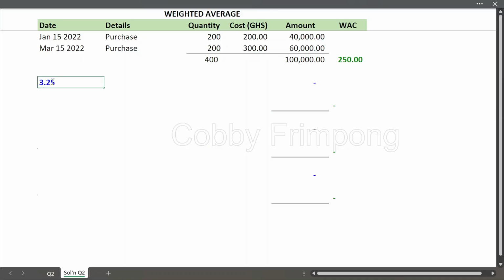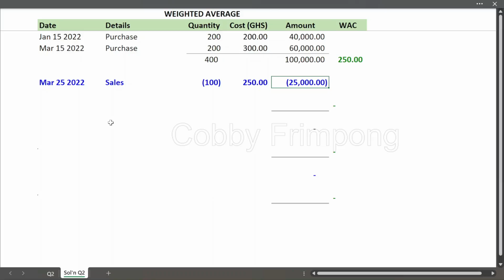March 25th, 2022, sales. The quantity is 100 at our weighted average cost, 250, giving us a total cost of sales of 25,000. These are the only transactions that took place in the first quarter.